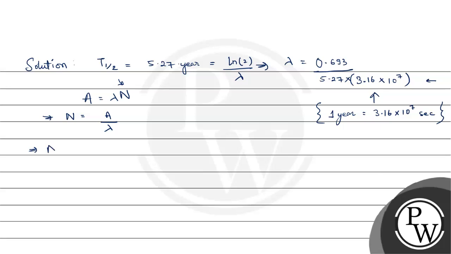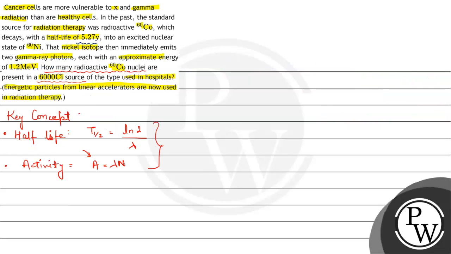So this n we have to calculate, and A is given to us as 6000 Ci.